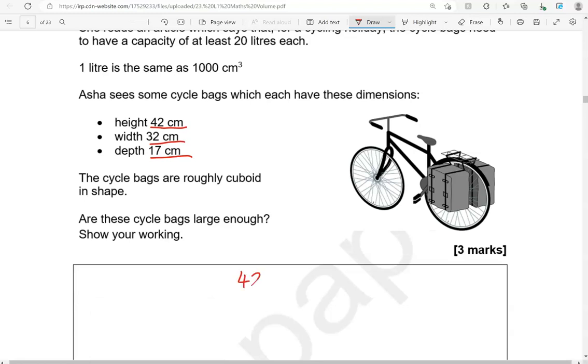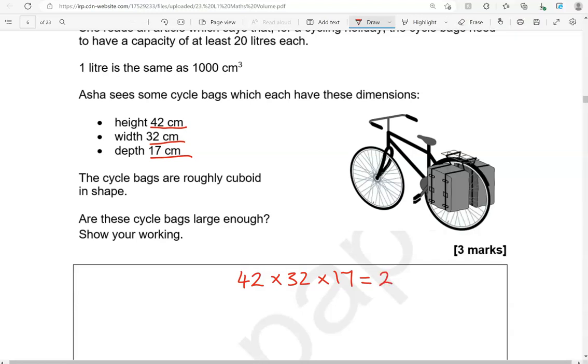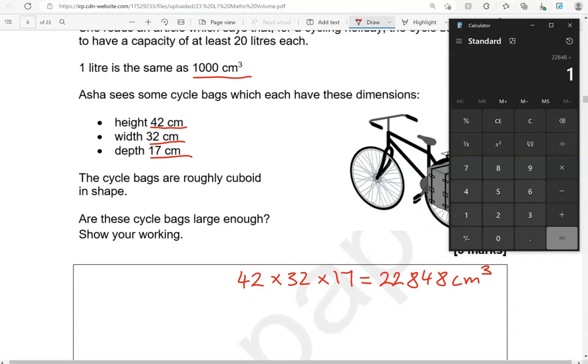So we'll do 42 times 32 times 17, which is 22,848 cubic centimeters. 1 litre is the same as 1000 cubic centimeters. So if we divide 22,848 by 1000, should give us the number of litres, which is 22.848.